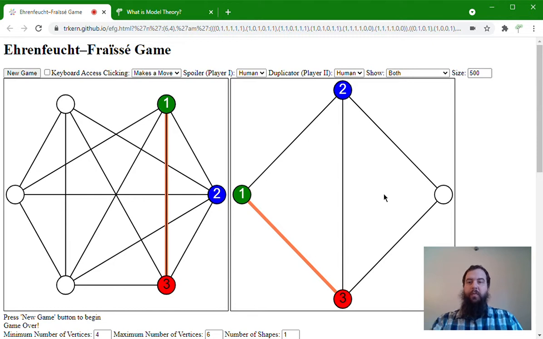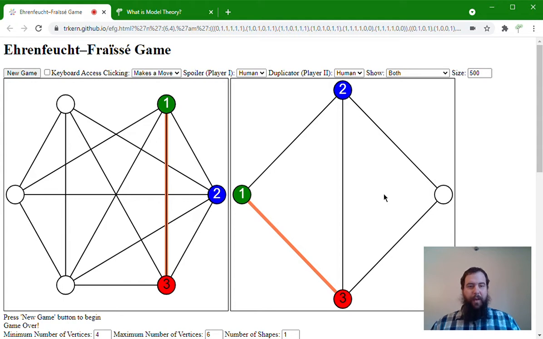So this particular online interactive does not allow you to do that, but there are reasons why you might want to study Ehrenfeucht-Fraïssé games where you're allowed to pick a vertex that has already been picked before. It is technically allowed, but this particular interactive doesn't allow it.